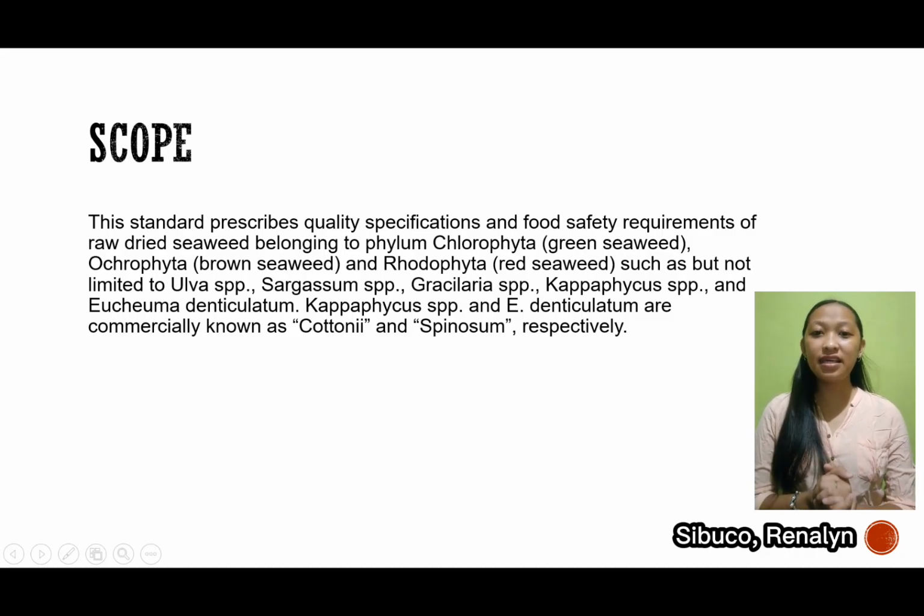Kappaphycus and E. denticulatum are commercially known as cottonii and spinosum respectively.